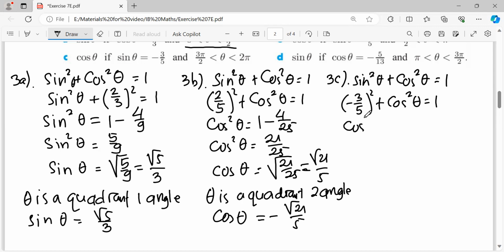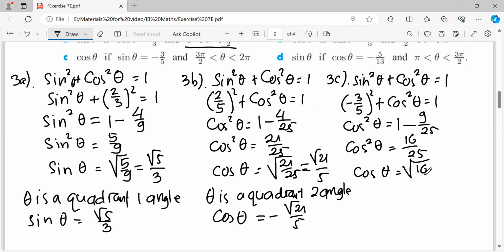So cosine squared theta equals 1 minus 9 over 25. Cosine squared theta equals 25 minus 9, which is 16 over 25. Cosine theta equals the square root of 16 over 25, which is 4/5.